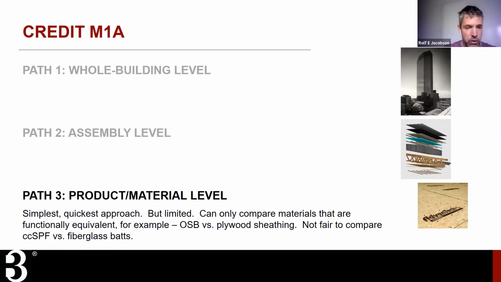So if you were going to compare these two, you'd have to add an air barrier, a vapor retarder for the fiberglass bat to get the same functional performance as a closed cell spray foam. So maybe you want to do the assembly, you'd have to add in those additional sheet goods or spray on air barrier or something, whatever you intend to use before you can really compare those results. And that isn't going to be possible using this simple of a calculator.